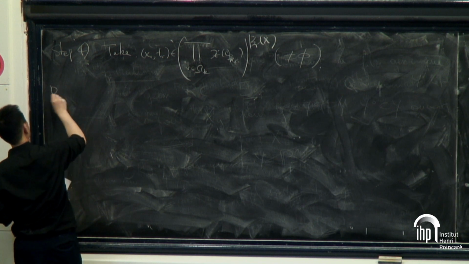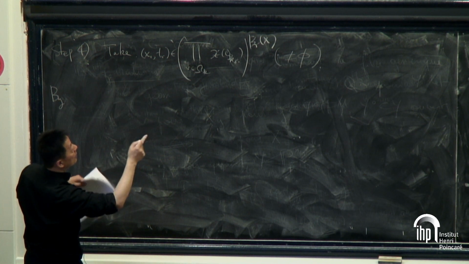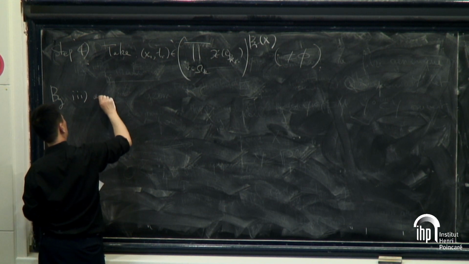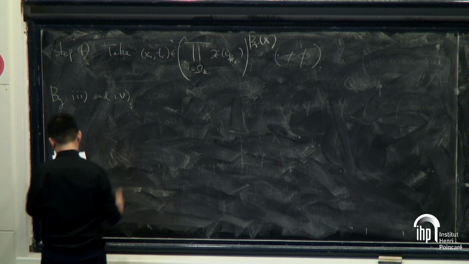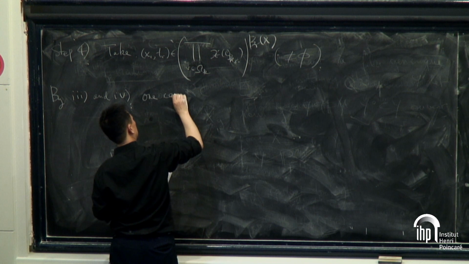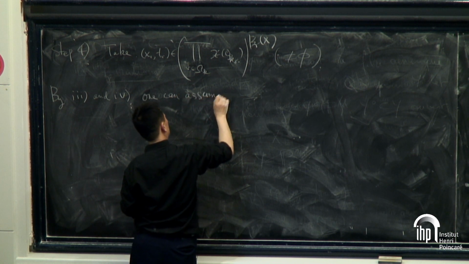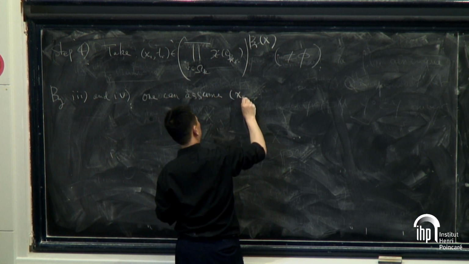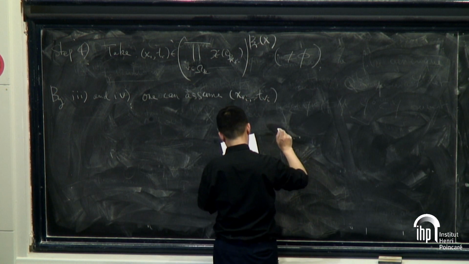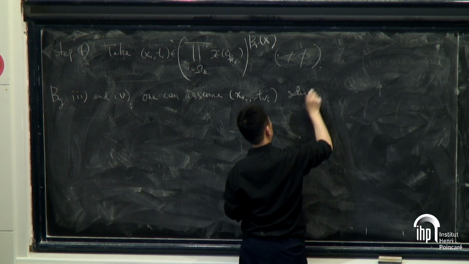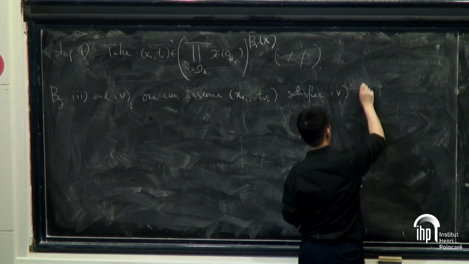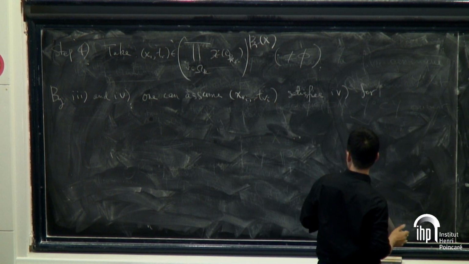Then by my properties 3 and 4, I can assume this x_Vi, t_Vi satisfies this, because I said it takes the trivial value.